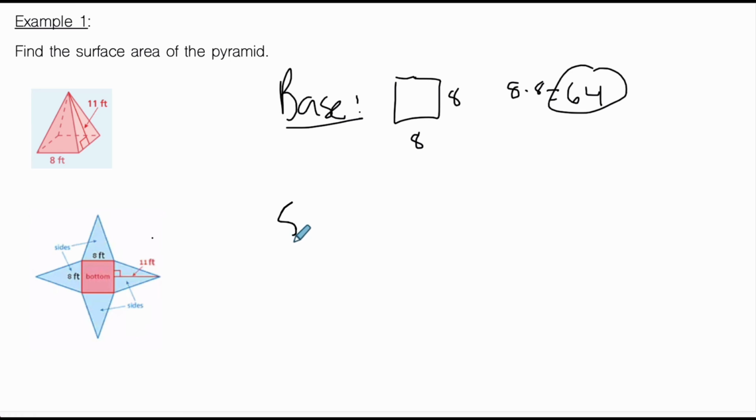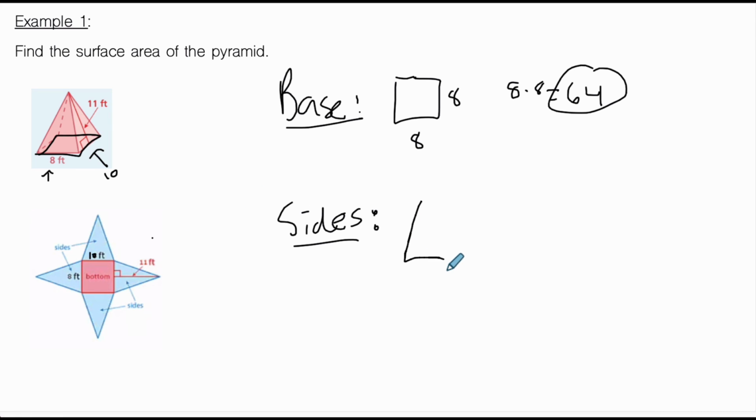And then the sides, in this case, every single side happens to be the same. This is not always going to be true. Let's say this was not a square base. Let's say it was a rectangle, and this side was 8 and that side was, I don't know, 10. We're pretending for a second. That would make one of these a 10 and the other one an 8, and that would mean that not all 4 triangles are the same. So you have to pay attention to what the measures are and which triangles have which base measure.